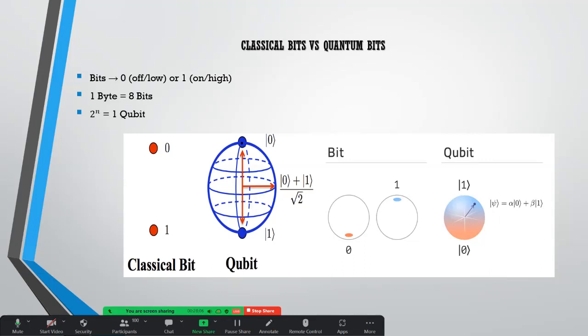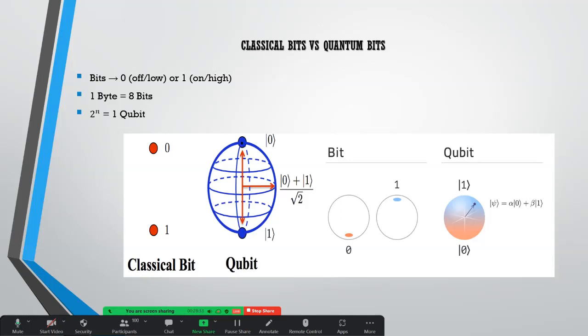Now, classical bits have only two states, on or off, which can be 0 or 1, or 1 or 0, it doesn't matter. Both of these are mutually exclusive. In classical bits, 0 represents a low charge and 1 represents a high charge. The combination of bits is, of course, limited in classical computers.